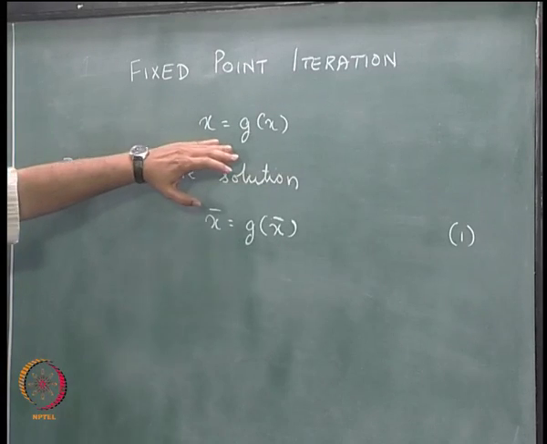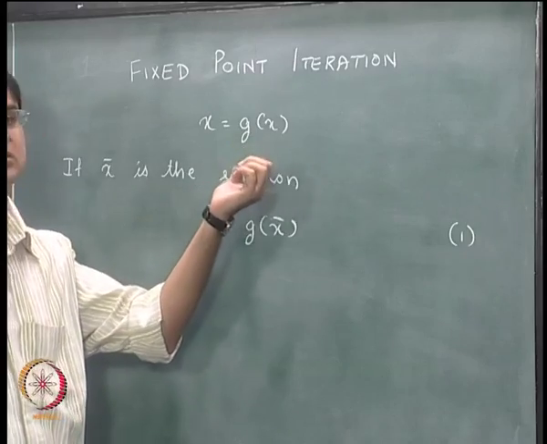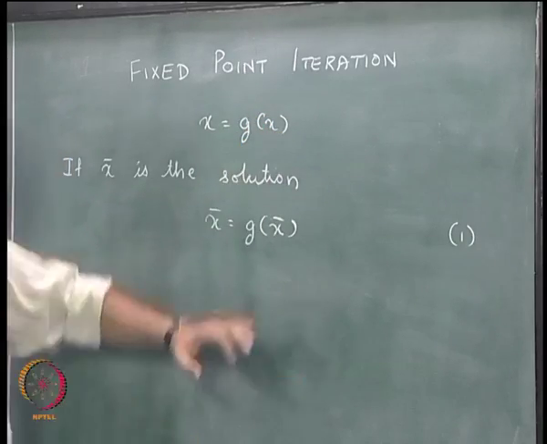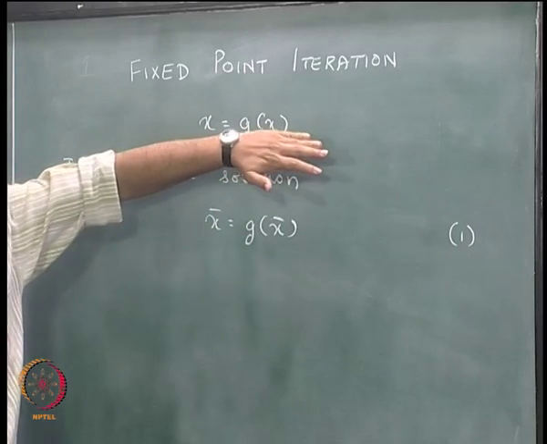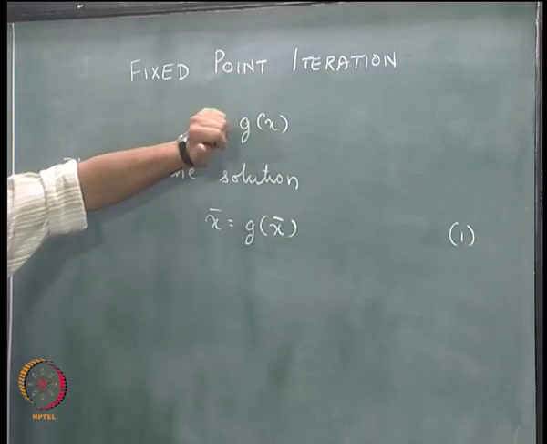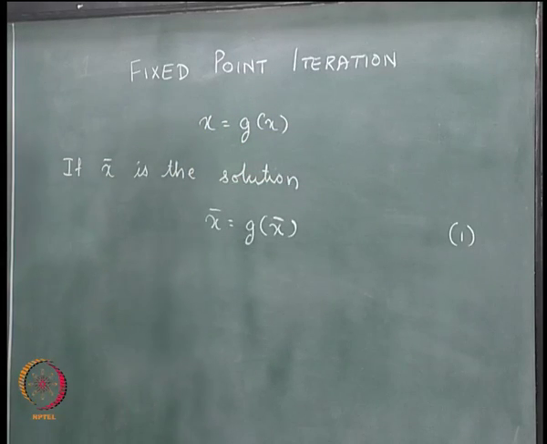Now the way that the fixed point iteration works is that we basically calculate g of x at the current guess x_i, and based on the current guess we calculate g of x_i, and we assign it to x_{i+1}.